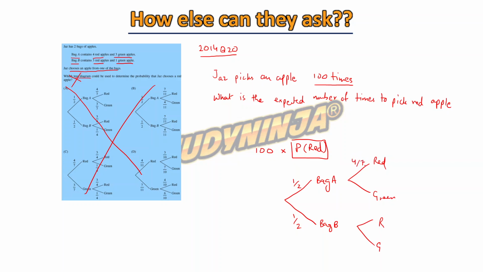So 4 over 7 is the probability of red. 3 over 7 is the probability of green. Similarly, 3 over 4, because there are 4 apples, is the probability of red, and 1 over 4 is the probability of green. Now from this tree, you need to calculate the probability of red and then multiply it by 100. So what I've shown you is the basic concept these questions need to be solved. The work is all here. So make sure you understand the structure of these questions and be prepared that these can be complicated as well.